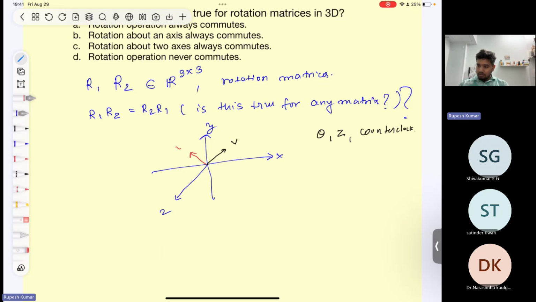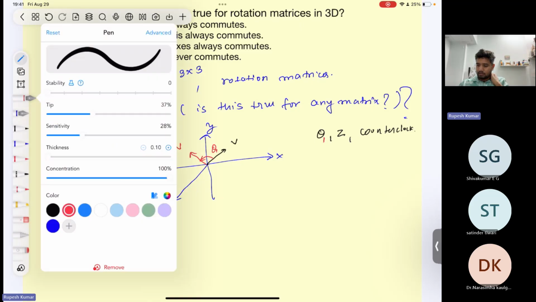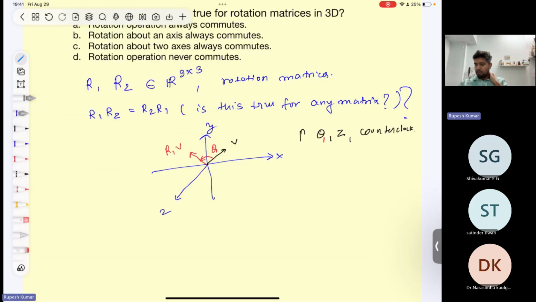So let's call this R1 v, and this is the angle theta 1. Let's call this theta 1 about the z-axis. This is rotation 1.